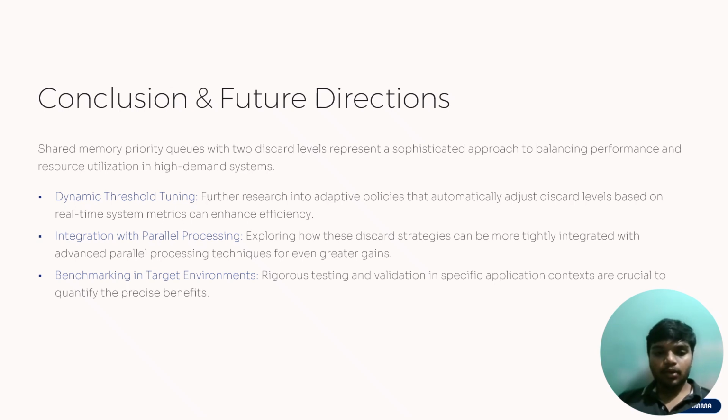And coming to the conclusion, we can use this priority queue in the real world as well, and it is mainly used in AI algorithms, network queuing, and network routers as well.